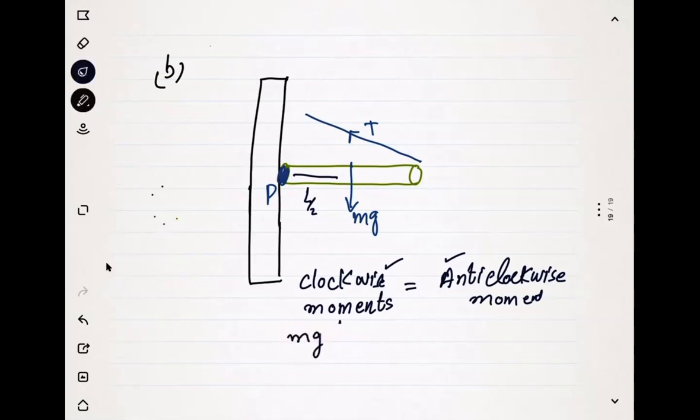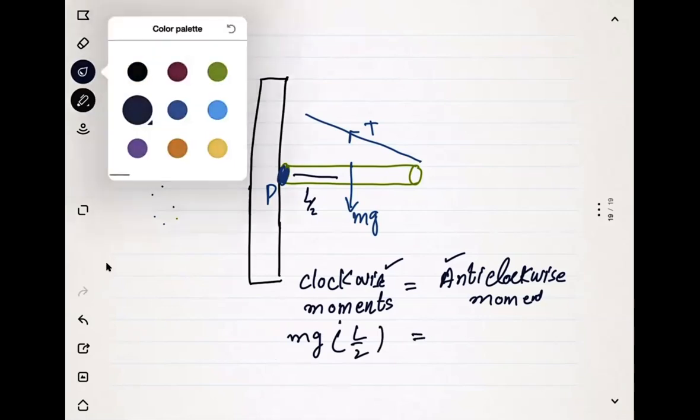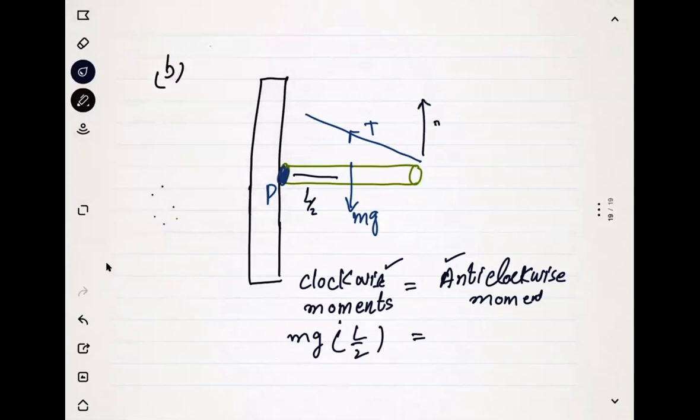The anti-clockwise moment will be, if we resolve T, the two components will become T sine theta and T cos theta.